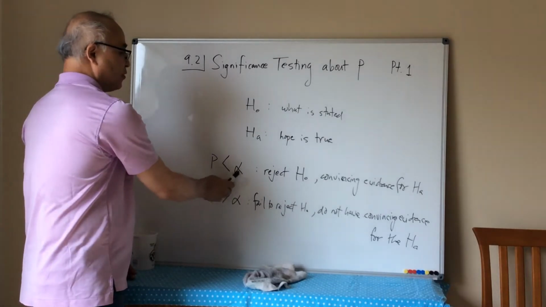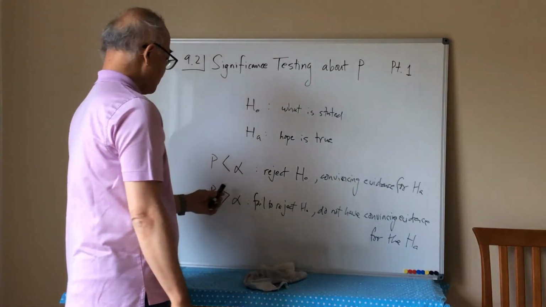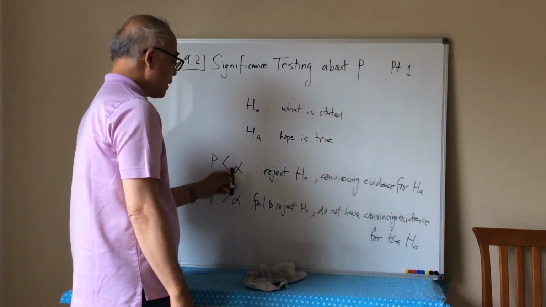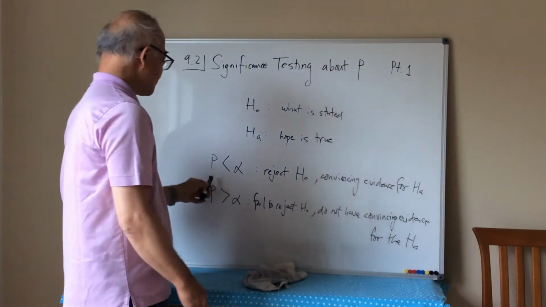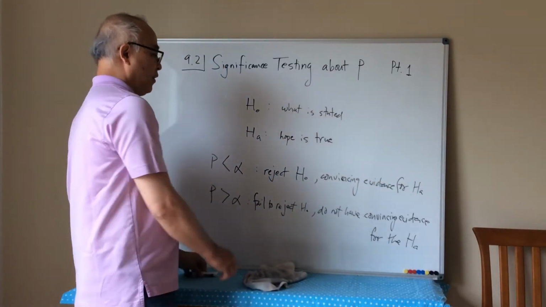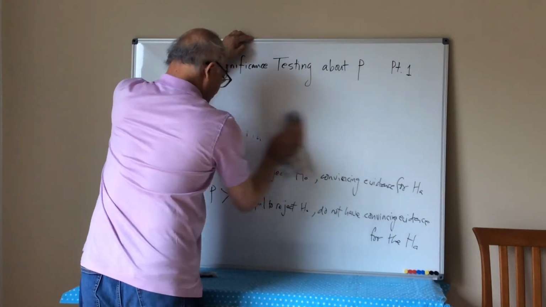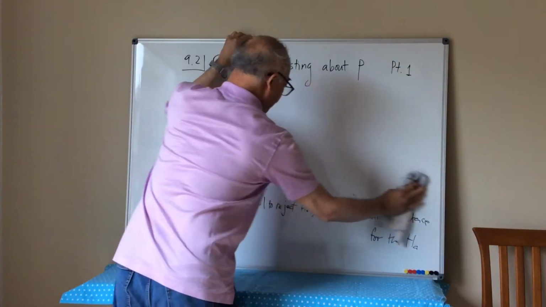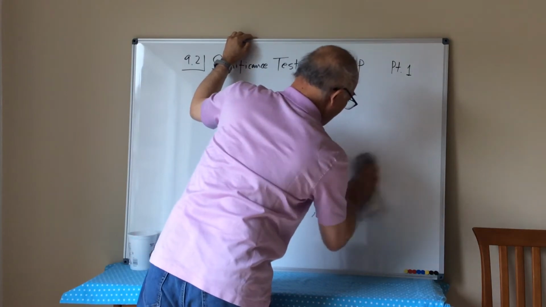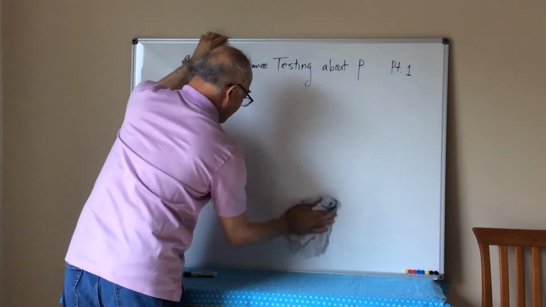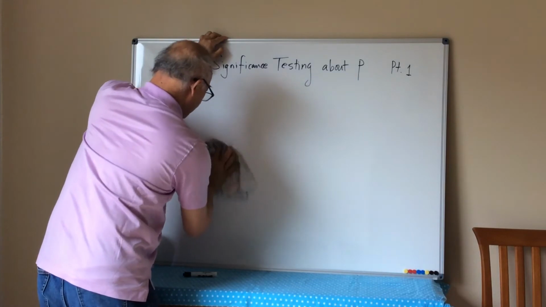Because this is going to be given to us, right? And once we compare it, we know what to do with it. We just need to be able to find the p-value, right? So that's what we're going to talk about in today's lecture. So let's talk about how or what we do with the p-value.